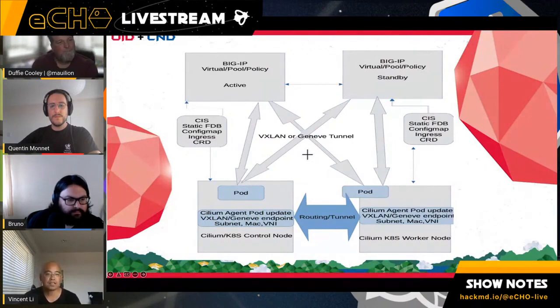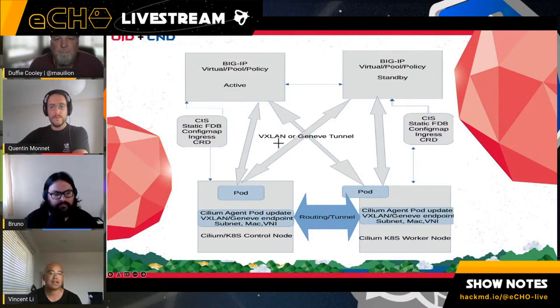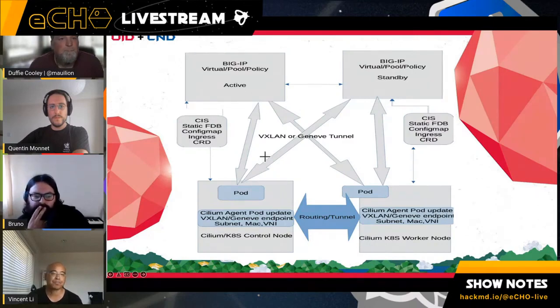So this is the diagram I talked about. The BIG-IP can network with the pod directly through the tunnel, and if you run Cilium, you can run it in routing mode or tunnel mode within the cluster. But to BIG-IP, it must go through the VXLAN tunnel. We also have an active and standby BIG-IP pair.